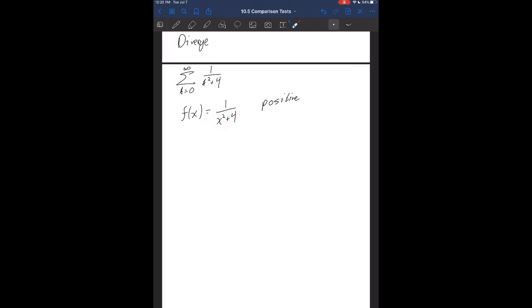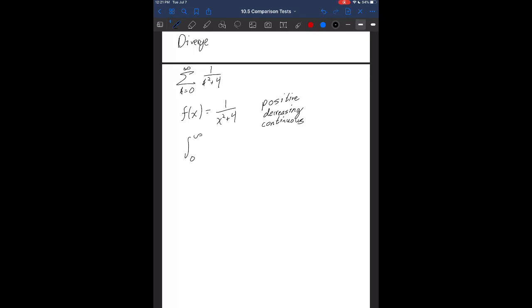Furthermore, similar to the discussions before, as x squared gets big, the denominator is going to get bigger, which means our y values are going to get smaller, so it is decreasing. And again, you can show this using derivatives as well. And finally, we need to show that it's continuous, but this bottom is never going to be 0, so there's no vertical asymptote, so this is actually still going to be continuous.